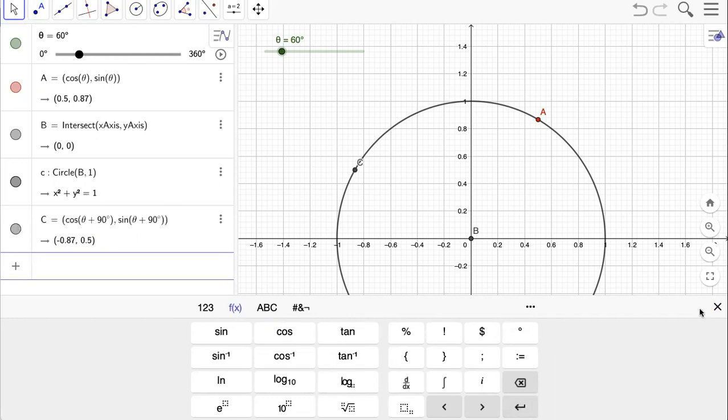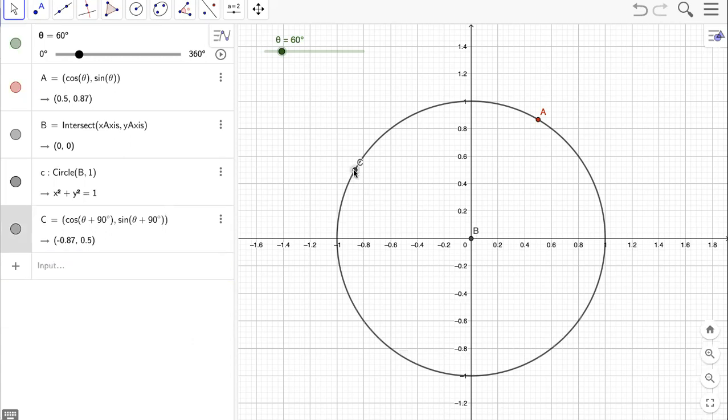Okay, so when you finish it, then you can see the point C. Maybe I mark it with another color. So I have a point C, which is at the position theta, that means 60 plus 90 degrees. So another point on the unit circle. That's why you see another pair of coordinates. And basically, cosine of the angle should be a coordinate of that point.